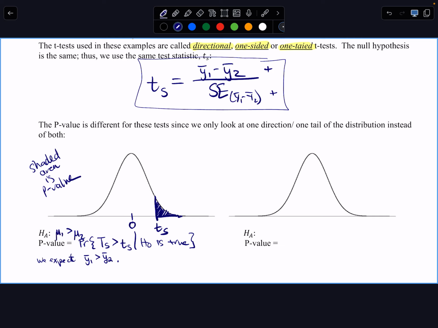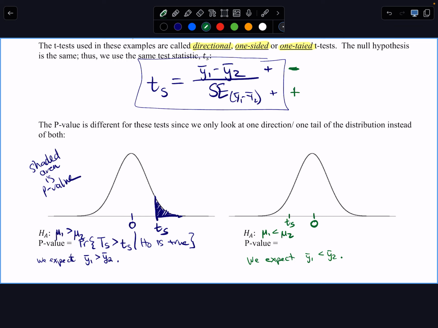As you probably can guess, if our alternative hypothesis is less than, mu1 is less than mu2, then we expect y bar 1 to be less than y bar 2. That's an expectation based off of our guess of our alternative. And if that's the case, my numerator up here will be negative. The denominator is always positive. A negative divided by a positive is a negative. So my test statistic should be on this side of 0.